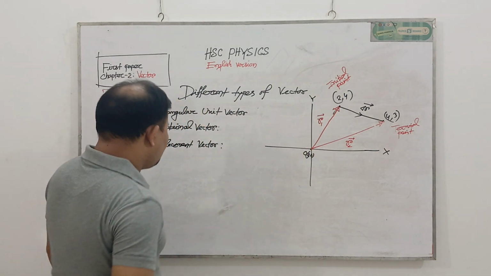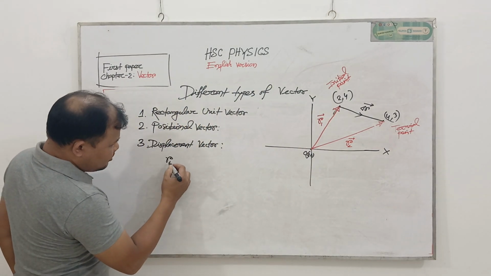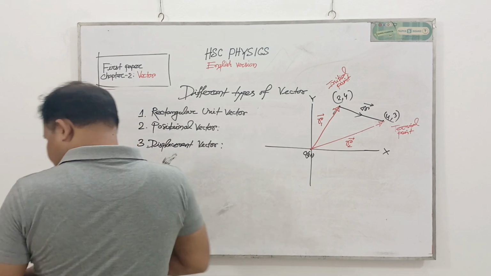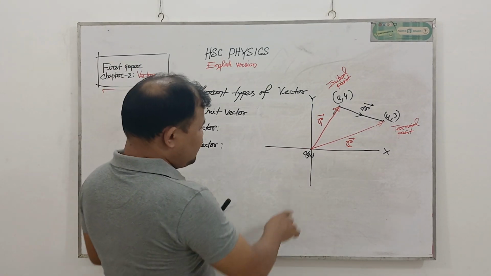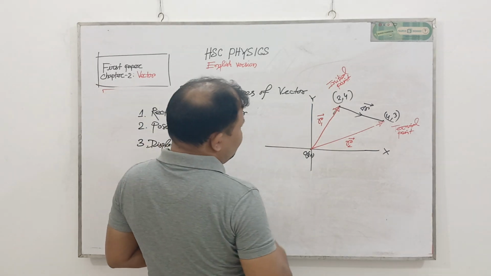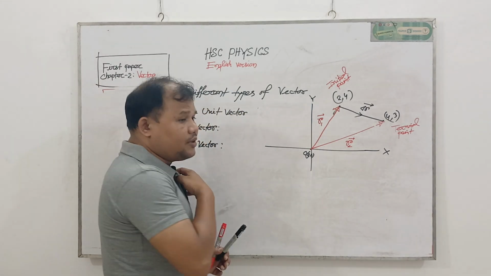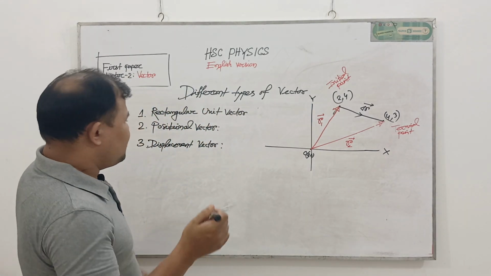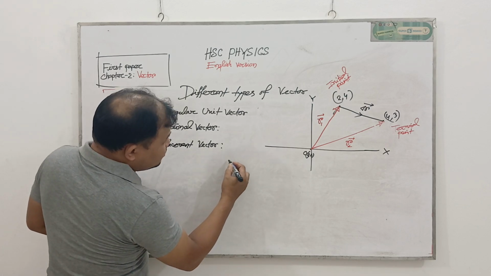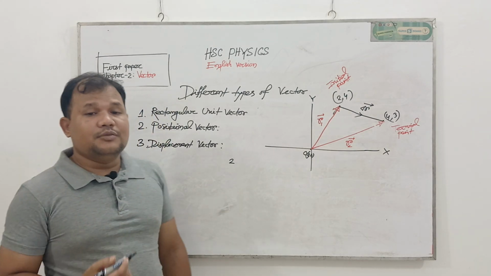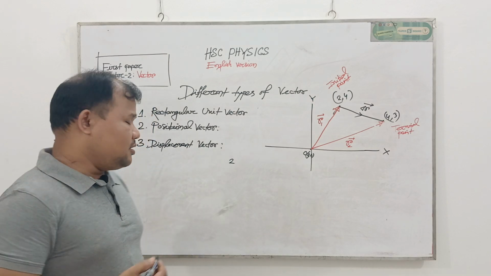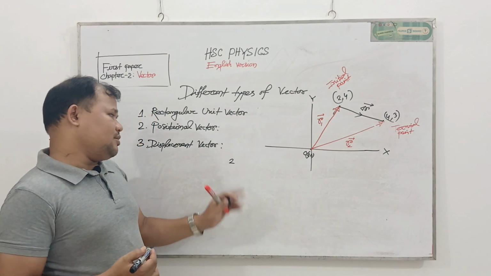Suppose R1 is a positional vector. How can we find out this vector? It is very easy. To identify the R1 vector, we have to develop some knowledge. Suppose 2 is a scalar quantity and 2 is a number. 2 cannot represent anything, because 2 is a number.